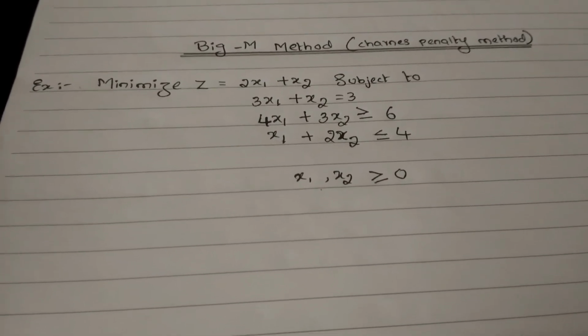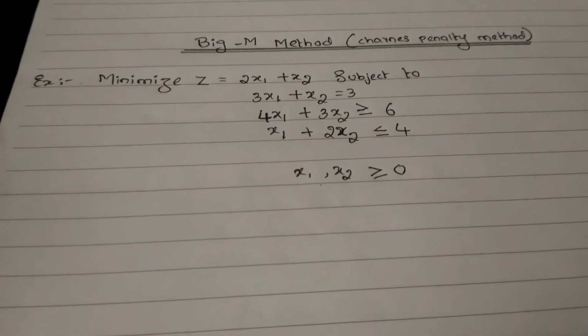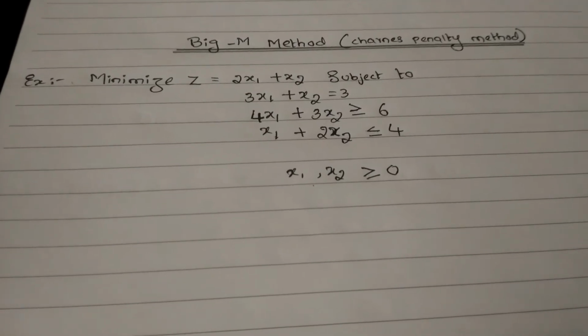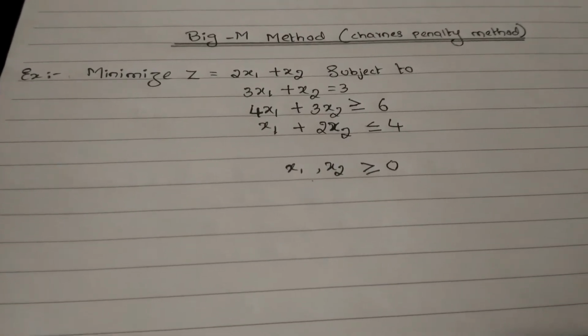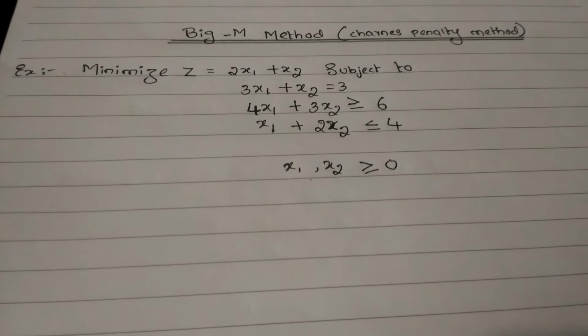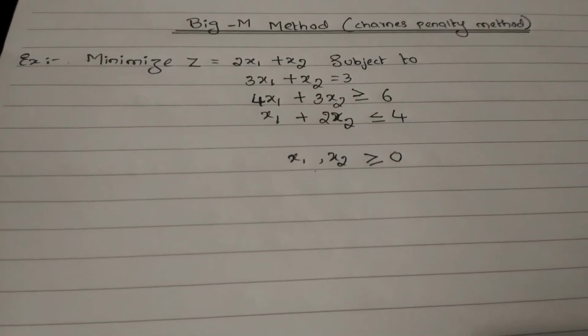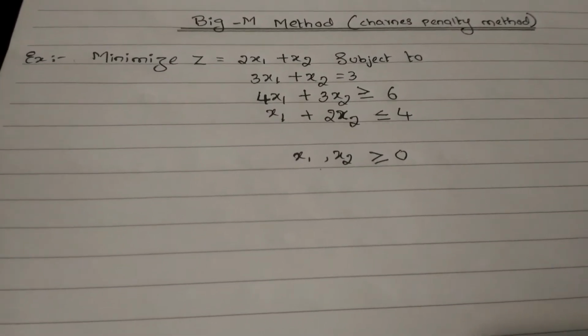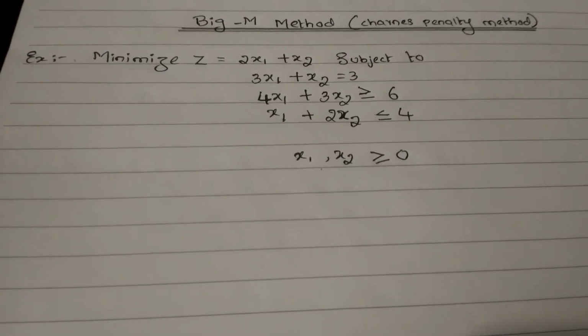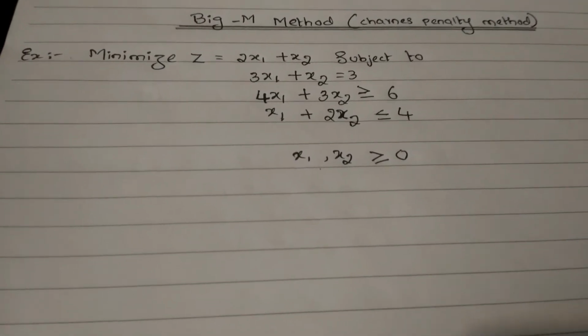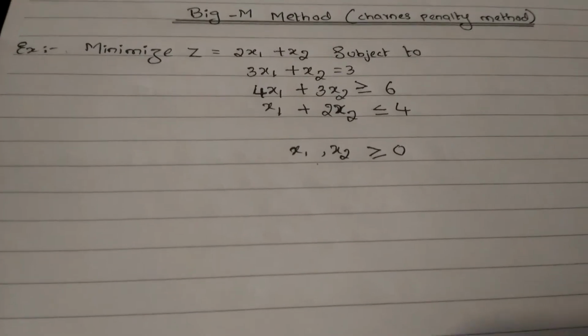There we will not need any slack or surplus variable. Slack variables are used only when in subject to constraint the LHS is less than or equal to RHS, and surplus variable is used along with artificial variable only when the LHS part is greater than or equal to the RHS part.